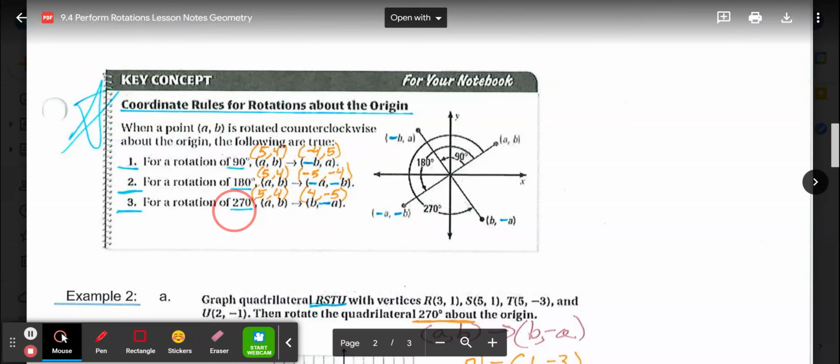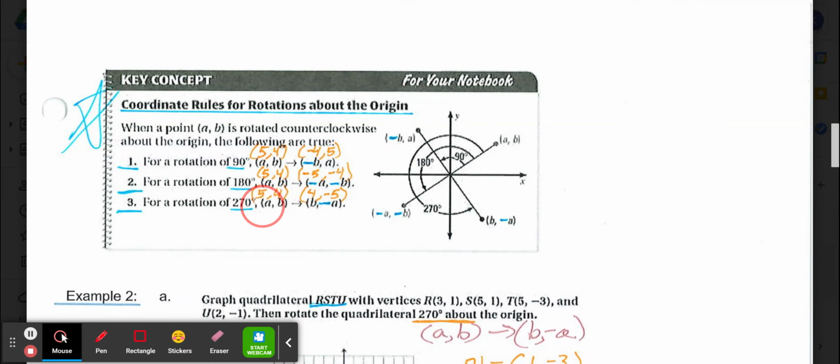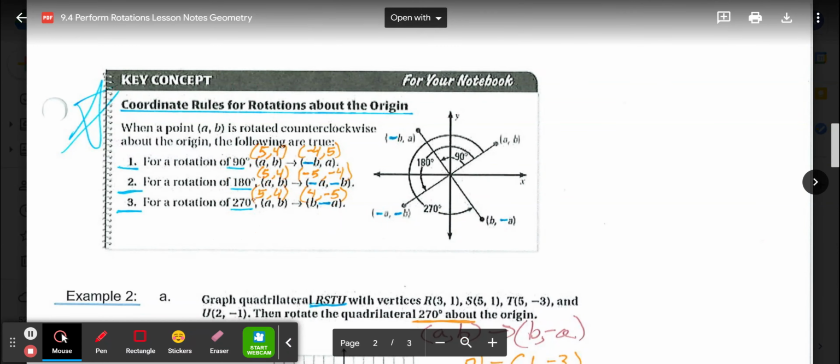And then if we're rotating 270 degrees, our original coordinates (A, B) become our new coordinates (B, opposite of A), or negative A. So (5, 4) would become (4, negative 5). And those would be your rules for our 3 special types of rotations about the origin.